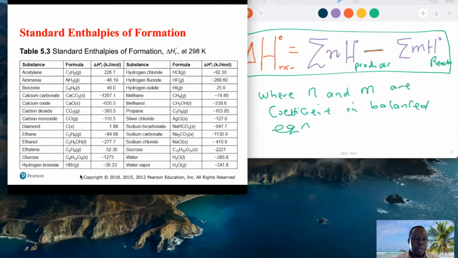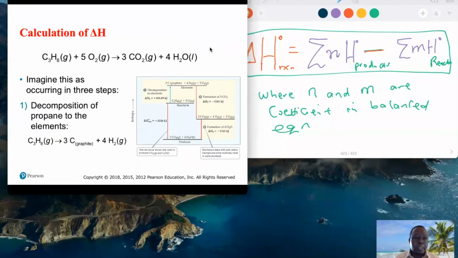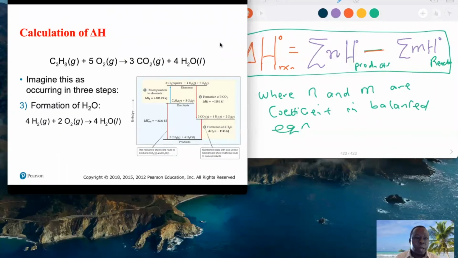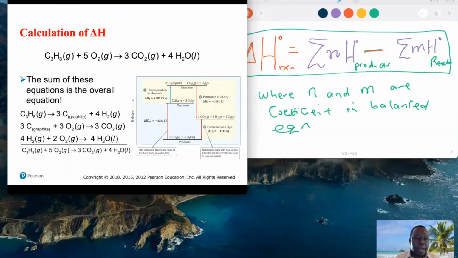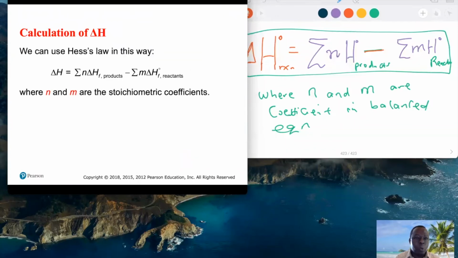You'll be given that for propane, C3H8. These are just a few examples on how we use that. I don't want to go step by step. If you look at this equation, this is what is happening.